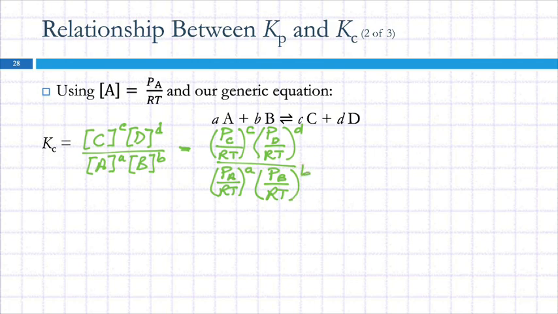So I took the ideal gas law, PV equals nRT, old friend from Chem 1A, and I rearranged it. Moles over volume in liters is the same as molarity, and that's equal to the partial pressure of a gas divided by RT. And so I plugged those things into here.